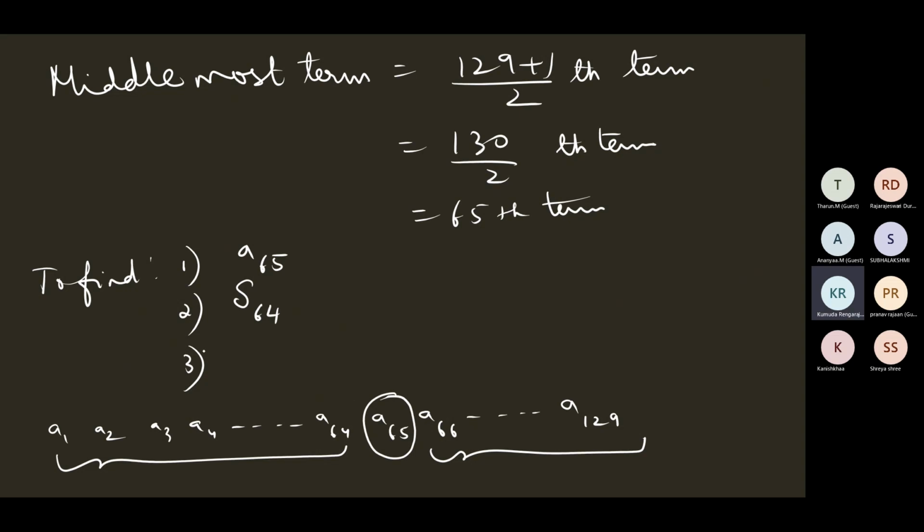For the last one, you should find the sum of all the 129 terms minus the sum of the first 65 terms, which will give you the sum of the terms from the 66th to the 129th. This is one way. There is another way.